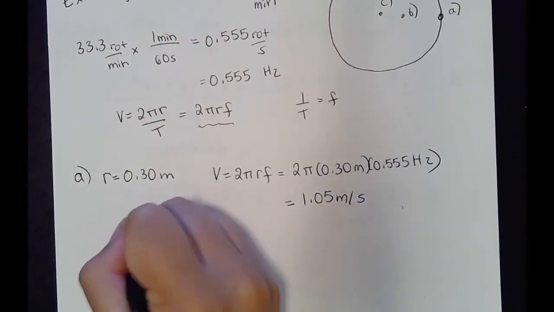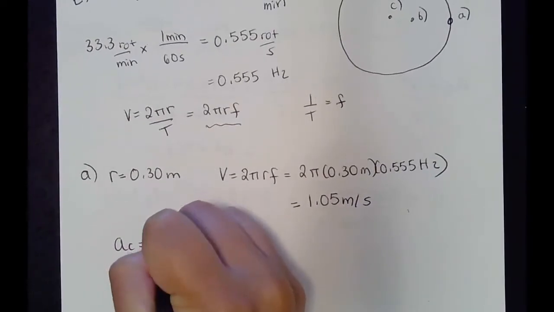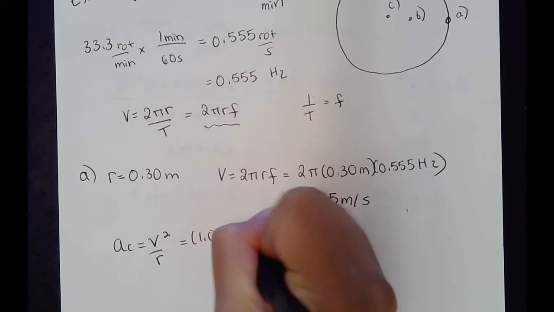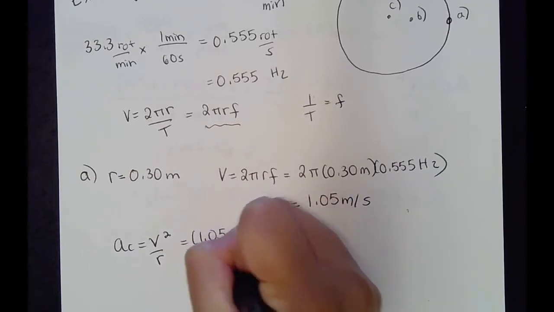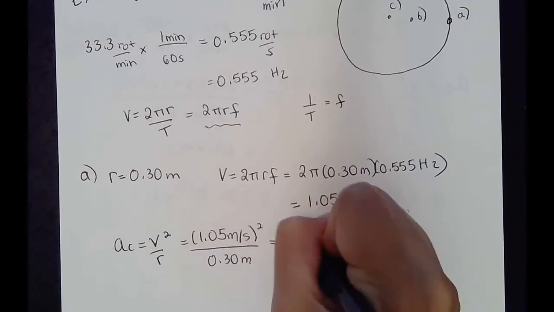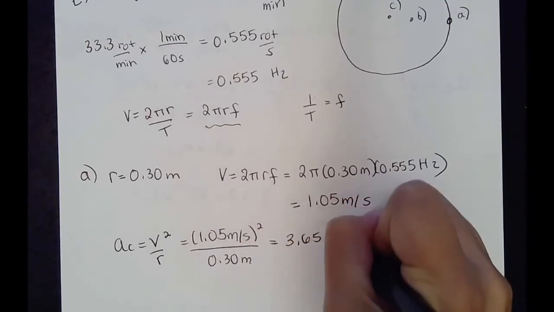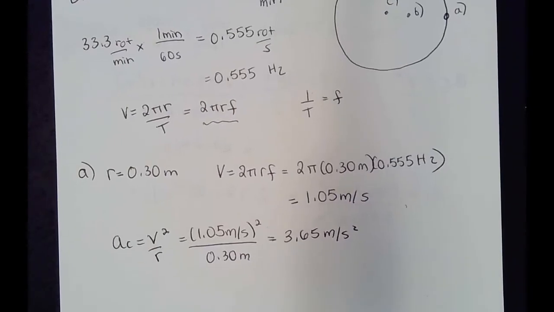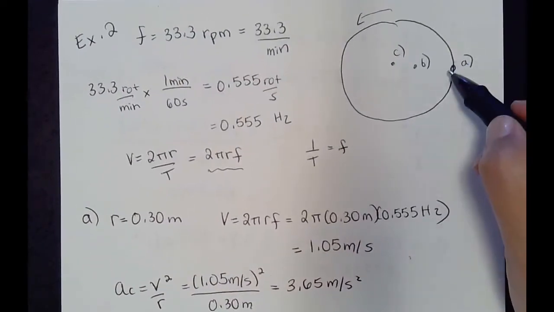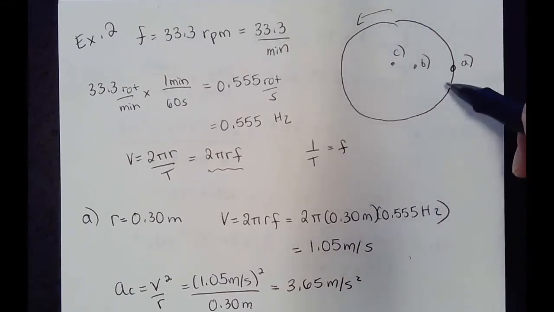Then the centripetal acceleration is v squared over r, so 1.05 meters per second squared over 0.30 meters, which is 3.65 meters per second squared. So this outer edge will have the highest speed because it travels the largest distance in that same amount of time.